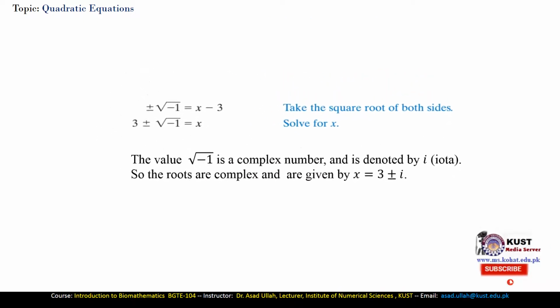Now taking square root on both sides, we get x is equal to 3 plus minus square root of minus 1. Here the square root of minus 1 is a complex number and it is denoted by iota. So our result will be 3 plus minus iota. These are the two roots of the given quadratic equation, which are complex in nature.